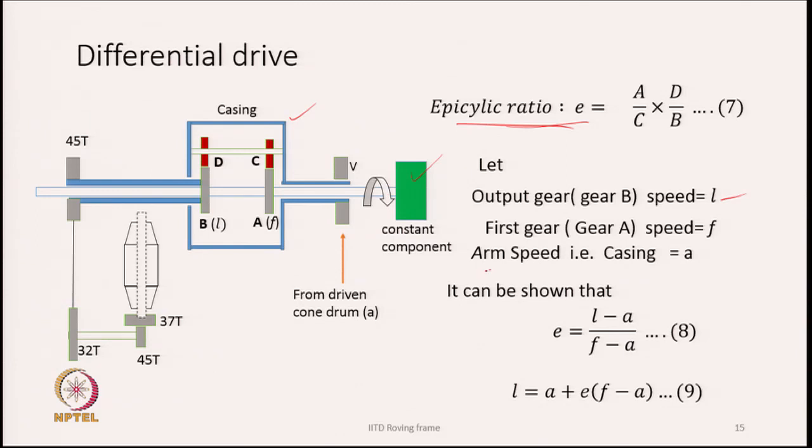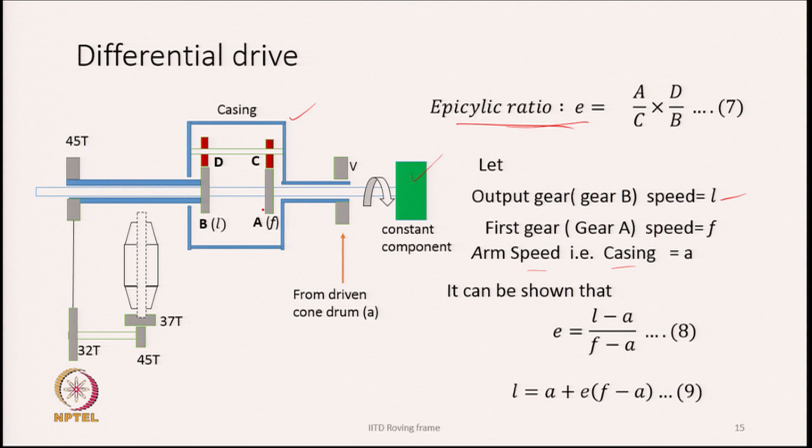In this case, the casing is called the arm, because the gear A becomes basically a sun gear and the gear CD becomes a kind of planet gear, because the CD actually rotates around the periphery of A. And how does it rotate? Because the casing is connected to the gear V, and V is receiving its motion from the cone drum. So, as V turns, the casing turns.